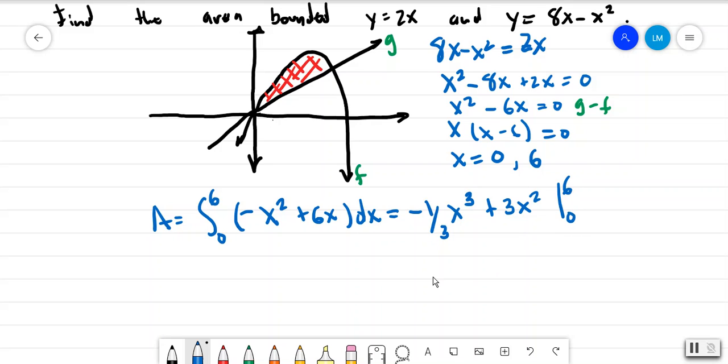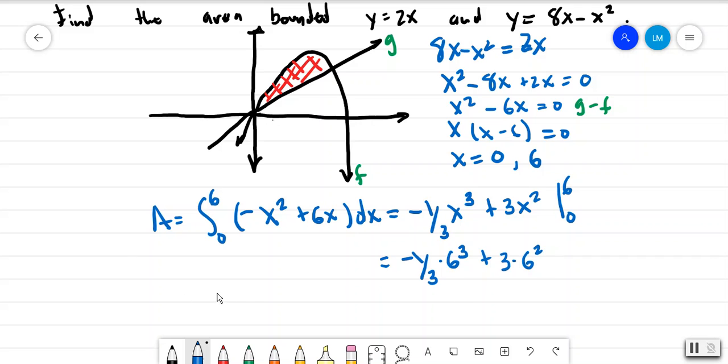Now, interestingly enough, the 0 doesn't matter because you know that it's going to be 0. So this equals negative 1/3 times 6 cubed plus 3 times 6 squared.